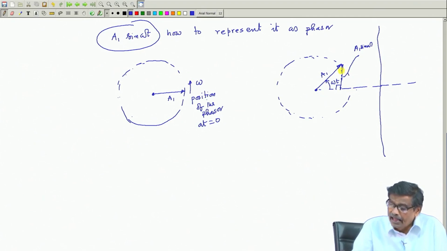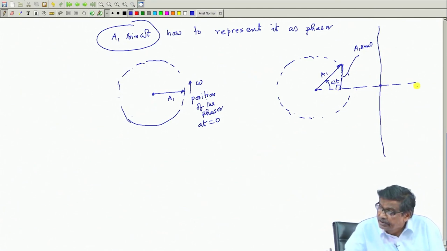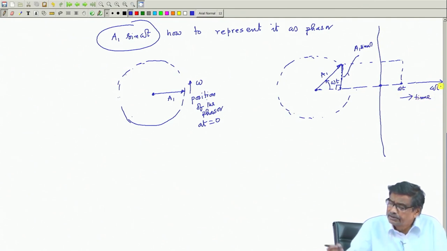At omega t equal to 0, it was like this. What will be the projection of this vector on this vertical line? Omega t is 0, no. So, this is the point. At time t, here I will do omega t. At any omega t, at this time, it will be there. So, this is the time, omega constant, so omega t.